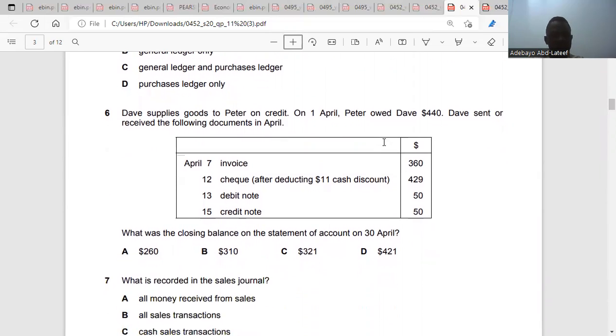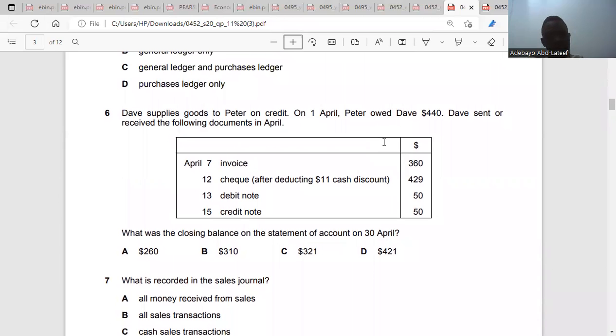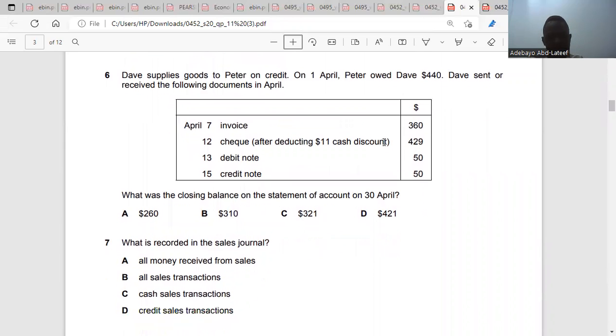Then we have question 6. Dave supplies goods to Peter on credit on April 1. Peter owed Dave 440. Dave sent or received the following documents in April. There's an invoice for 360, a check after deducting $11 cash discount. Then there's a debit note and the credit note. For the credit note, yes, the credit note is issued when a customer has to return the product.